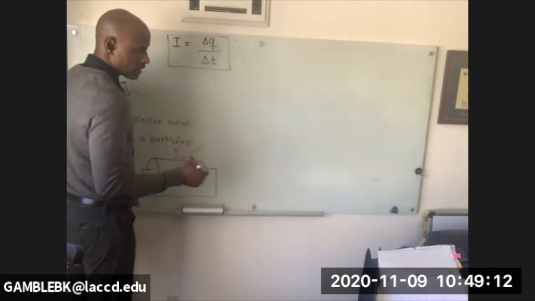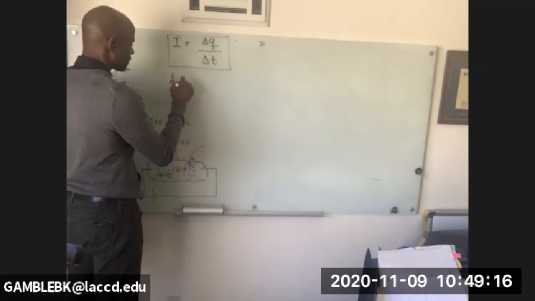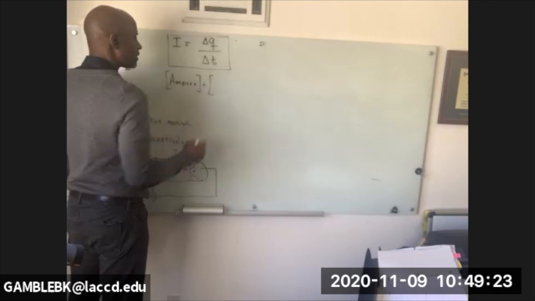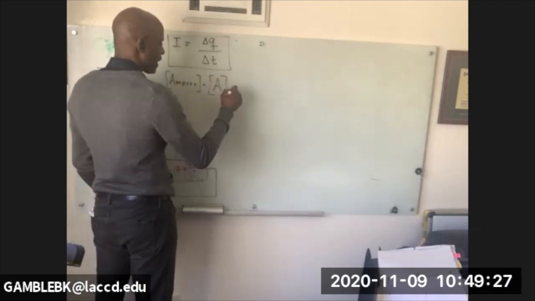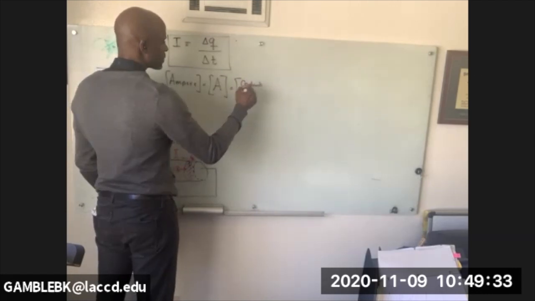Current has units of amperes, named after a French physicist, Ampere, with a capital A because it's a proper name. Just looking at the units here, an ampere is a coulomb per second.